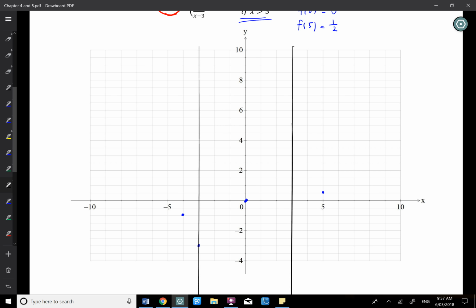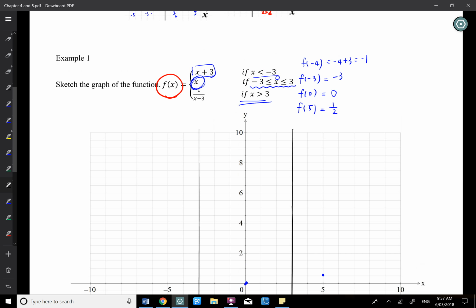We have 3 different graphs. We'll sketch the left-hand side one first, the one to the left of -3. To the left of -3, we have x plus 3. The last point this function will get is about -3. It's not really -3, but some number a little bit less than -3. But -3 is called the endpoint, even though we can't take it. It's the open endpoint, the last value I can see but can't take.